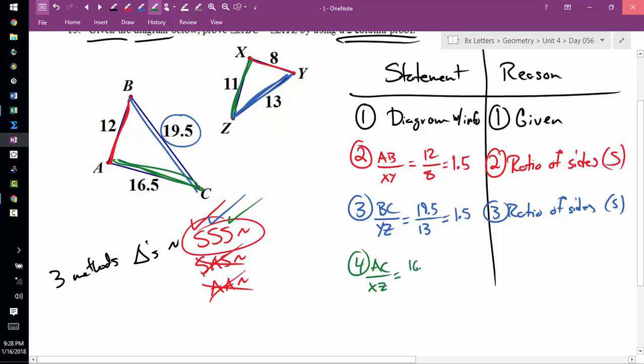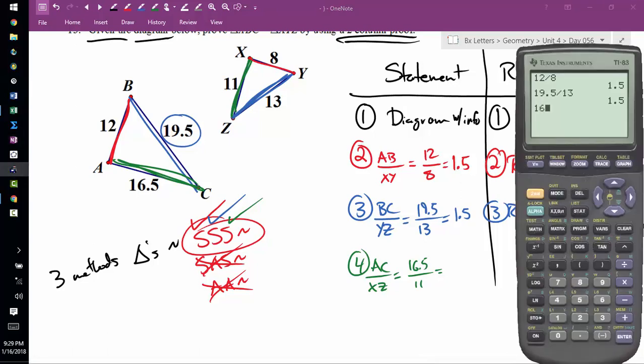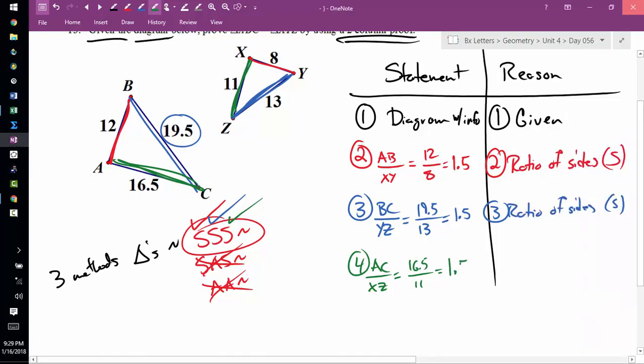And here that's 16.5 over 11. And I bet you 16.5 divided by 11 is 1.5. And statement 4: why did I write this ratio? Well, I'm just doing a ratio of sides, and I'm writing this to keep track.